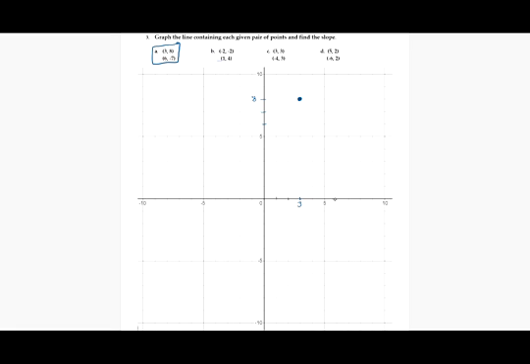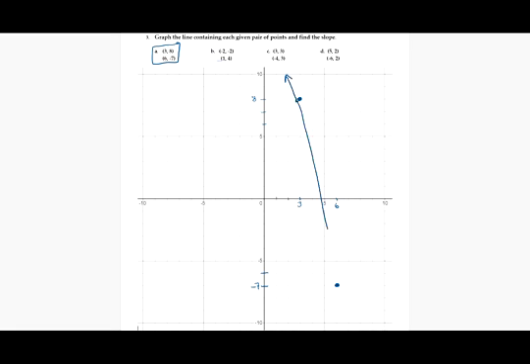So 6 on the x-axis, and down here at negative 7 on the y-axis. So positive 6, negative 7 will be down here.